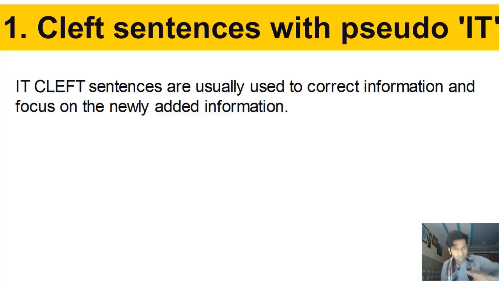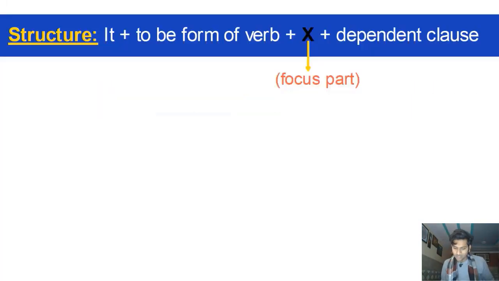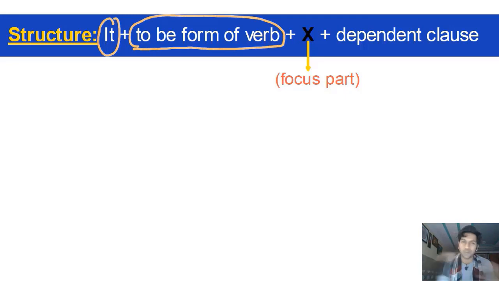Okay. Let me give you some examples to make you understand. All right. And before that, let's look at the structure. So in the beginning, we have the pseudo subject, it. Then we have a to be form of a verb, which is am, is, are, was, were, right? Generally we use a singular verb, like is or was. Is in the present, was in the past, right?